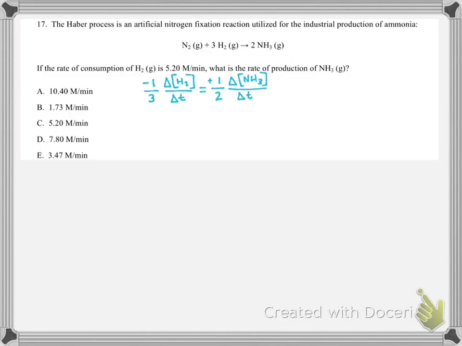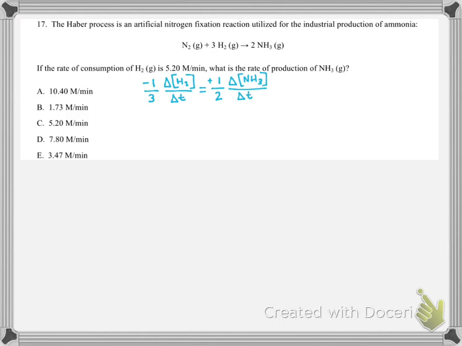So number 17, we have the Haber process. And they give us the rate of consumption of the H2, and from that, they want us to figure out the rate of production of the ammonia. Whenever we're converting between the rates of two things, we have to use the coefficients.